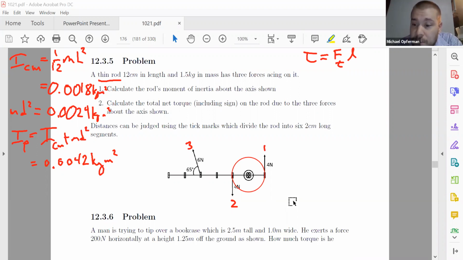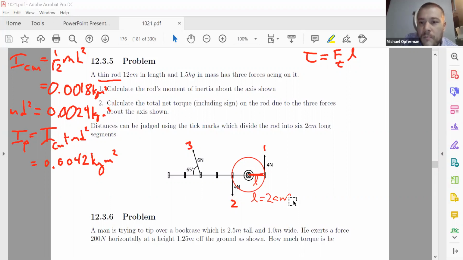So that means we can actually skip some steps here. We don't actually have to take any force components. F_T is just equal to the entire force for number 1 and number 2. Again, that's because the forces are already tangent to that circle. So the only thing we need to make note of is what's the value of L. L, remember, is this distance here from the axis to where the force is acting, and for this case, L equals 2 centimeters, because remember, each one of these little segments is 2 centimeters.